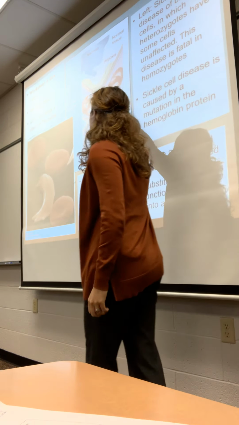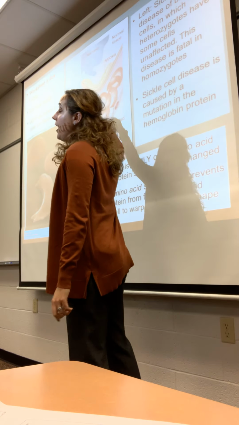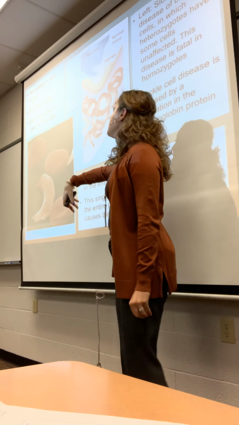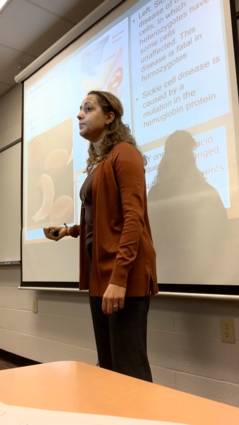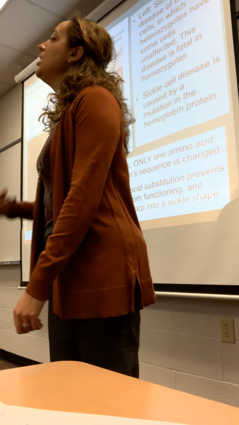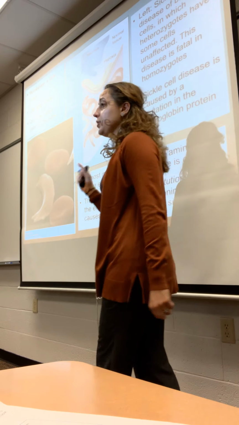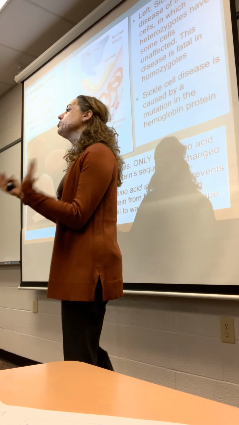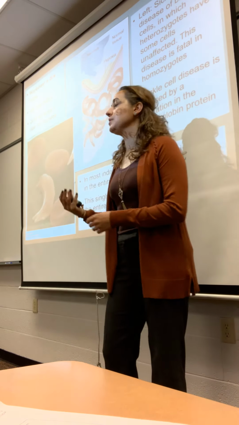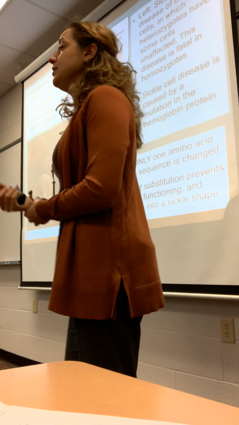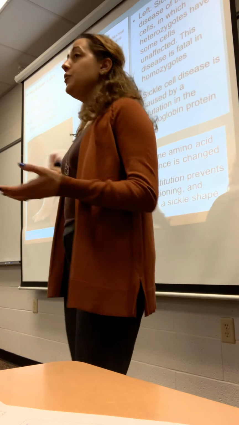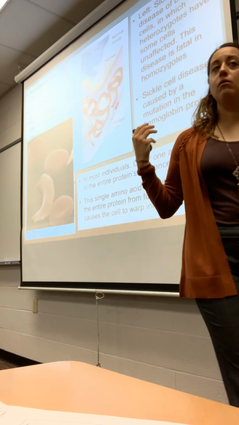So even the normal shaped blood cells that have hemoglobin that's working could then be prevented from getting to your tissues to deliver oxygen. And again, this is just the substitution of one particular amino acid. If you changed other amino acids, you wouldn't have the same effect, but this is only the change of one amino acid. It has a huge impact on the overall individual.